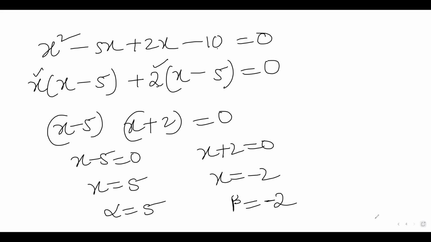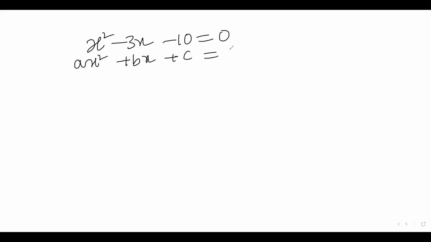Now let us apply formula method. Take down the quadratic equation: x square minus 3x minus 10 is equal to 0. What is the general form? Ax square plus bx plus c is equal to 0. What is a value? 1.